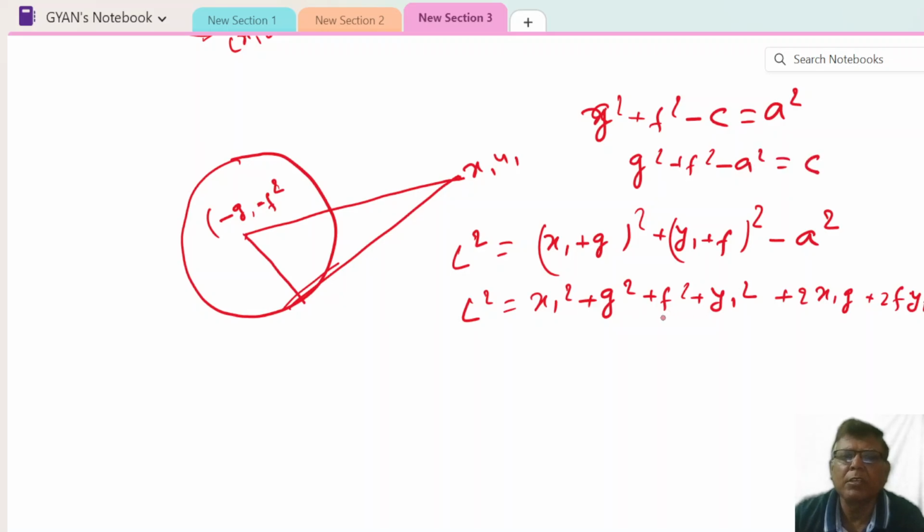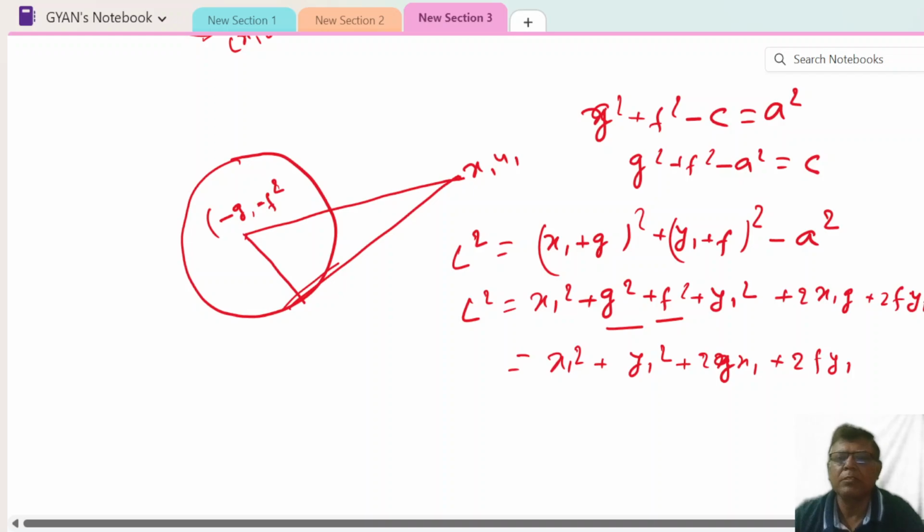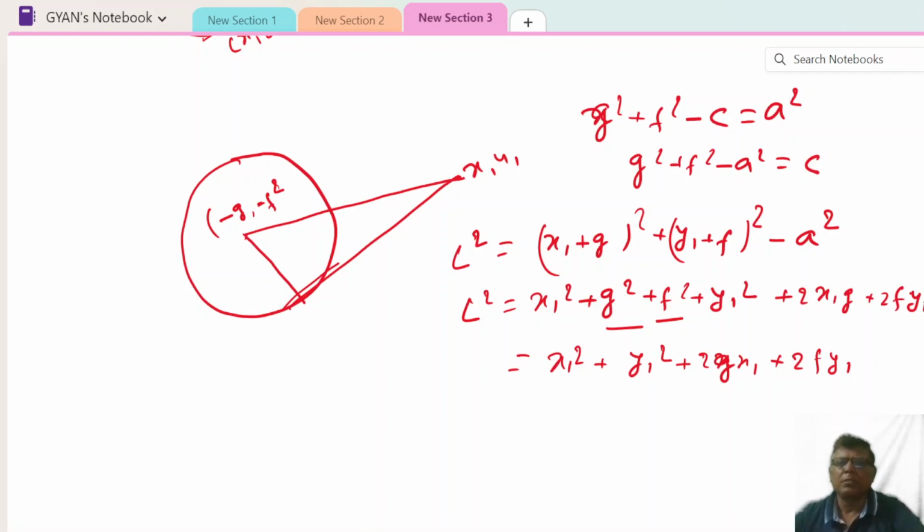So we can write x1 square plus y1 square plus 2g x1 plus 2f y1 plus c from here.